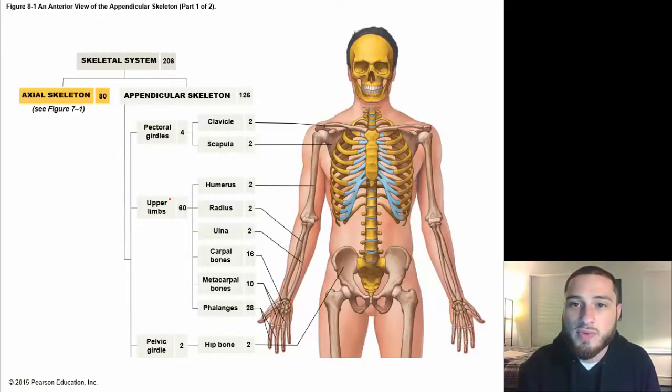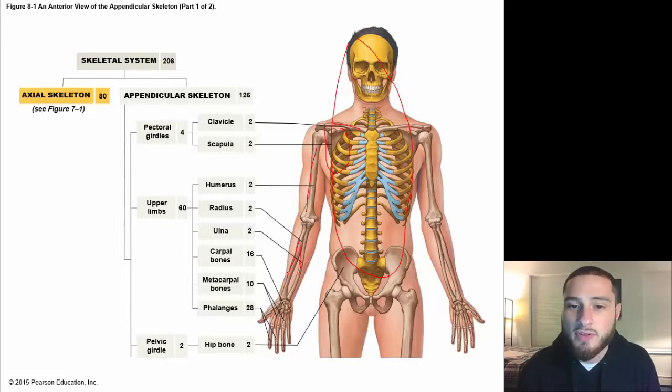We have, of course, the axial skeleton, which is our core. And then we have the pectoral girdle that comes off of our rib cage and is made up of our clavicles or our collarbones, and then our shoulder blades or our scapulae. Off of our shoulder joint, we're going to have our humerus, and then we are going to have our radius on the thumb side, and our ulna on the pinky side.